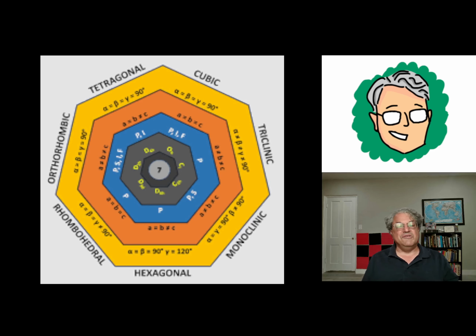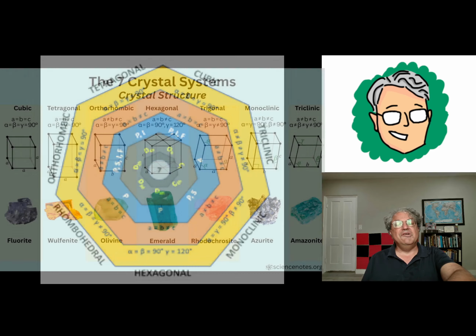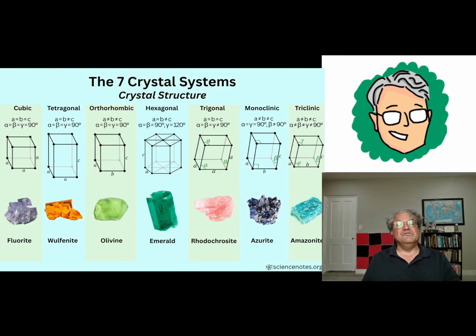I'm not going to go through them all again, but I think this is a neat diagram. It shows them as a heptagon. And I think this one's neat too. If you don't pay attention to what's inside these fundamental regions, you just get these 7 different kinds, and then on the bottom they show you particular crystals that have these different types of crystalline structures. So I think this is kind of neat.